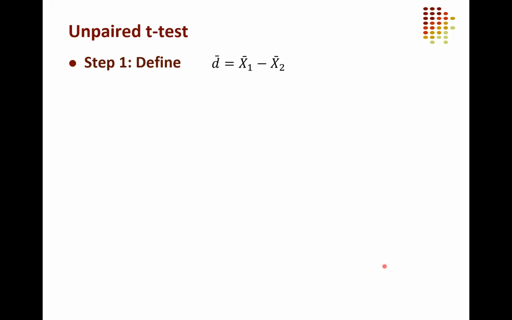Okay, so we will define the difference variable from sample 1 and sample 2. Well, in the unpaired t-test, both the samples can be of the same size, which means n1 may be equal to n2, or it may be different.